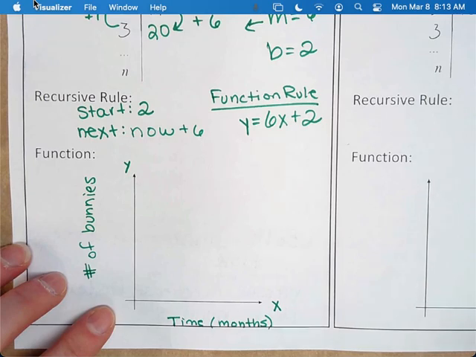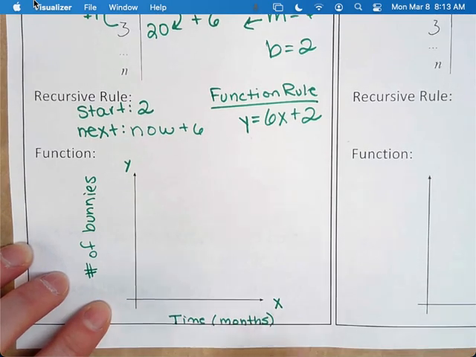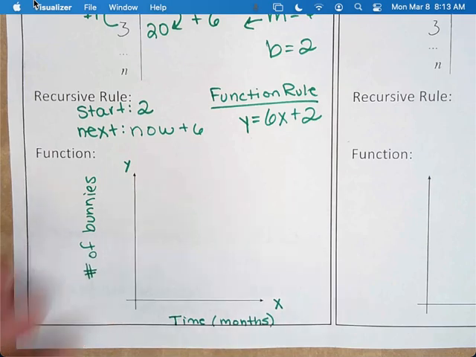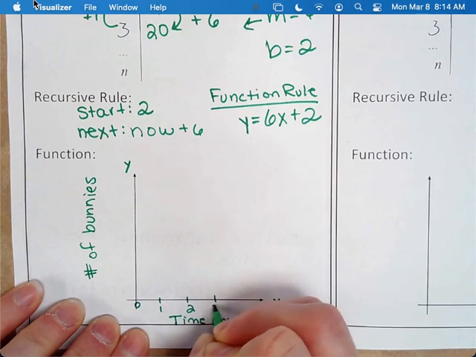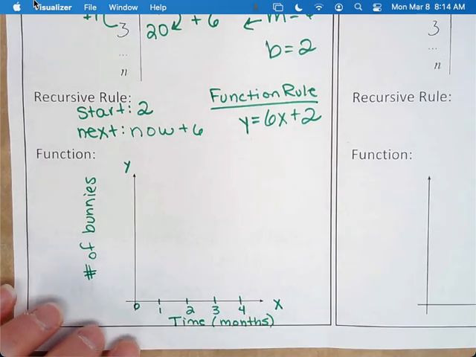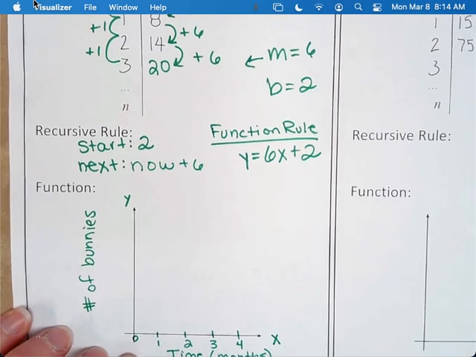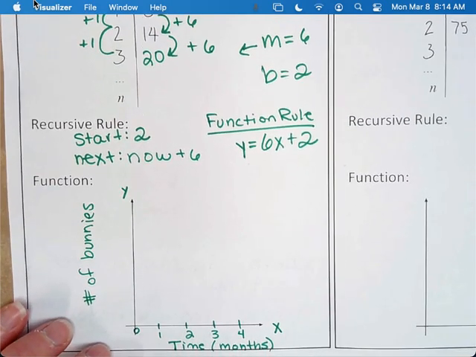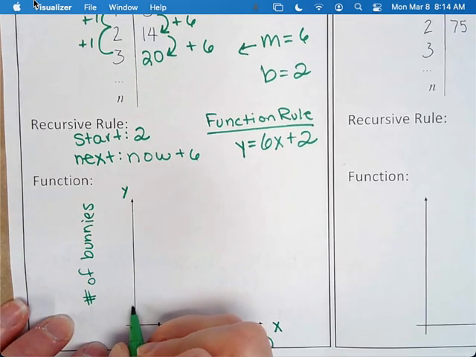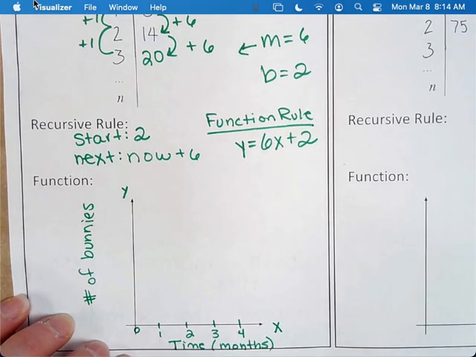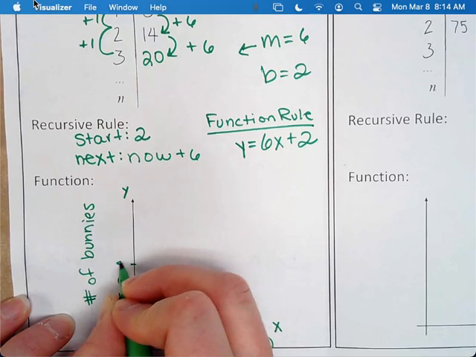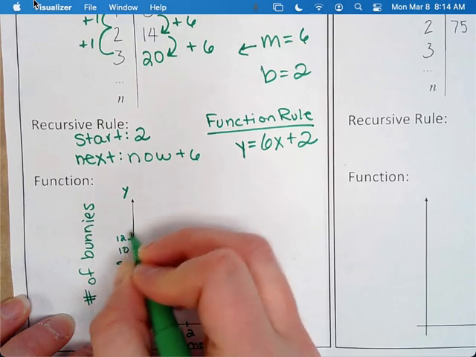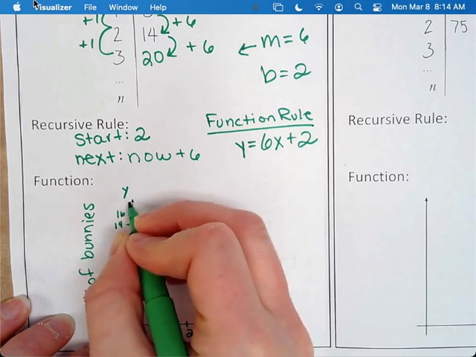Okay, so how should we graph this? What should we put as our x increments? Yeah, so 0, 1, 2, 3. We can go up to 4. And now our y? What do y'all think? 2, 4, 6, 8, 10, 12, 14, 16, 18.